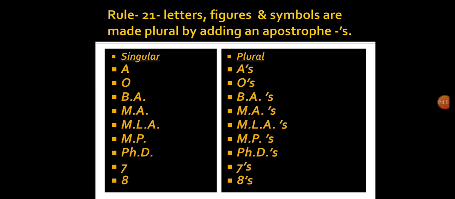Now I come to rule 21, that is letters like A, B, C, D, E, F, G, figures or symbols are made plural by adding an apostrophe s. See examples. A, it's singular.